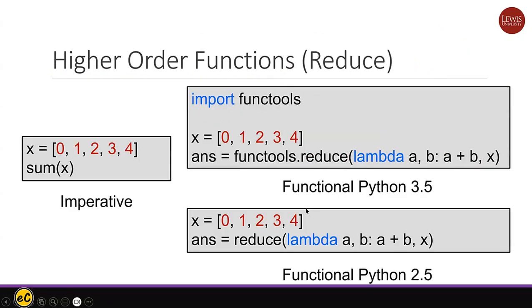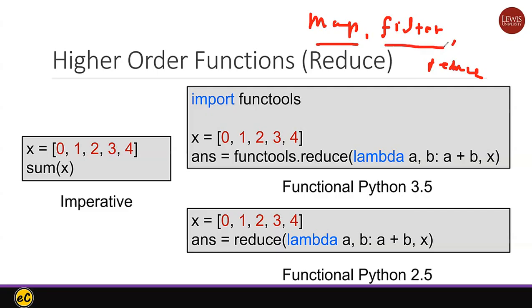And you can also use reduce. So the major functions that people always use for functional programming are map, filter, and reduce. So map, you apply some function to it.